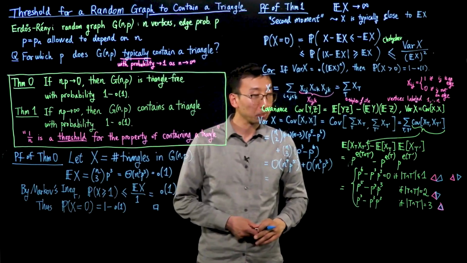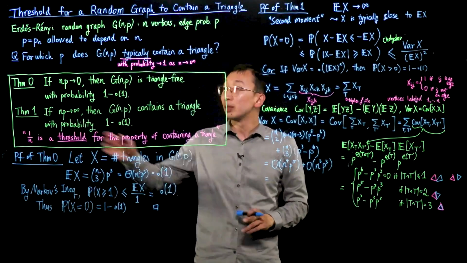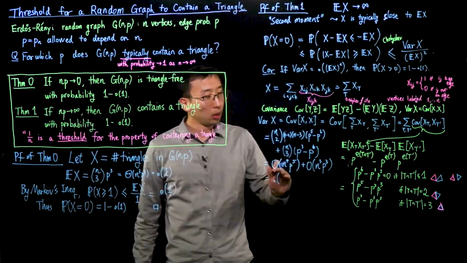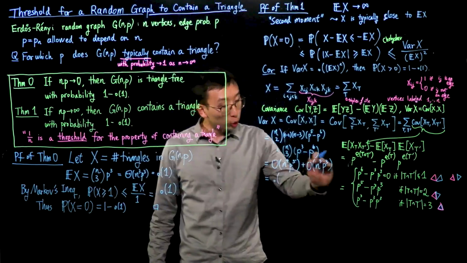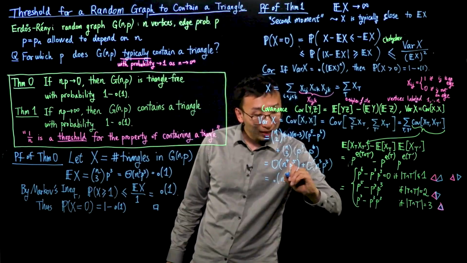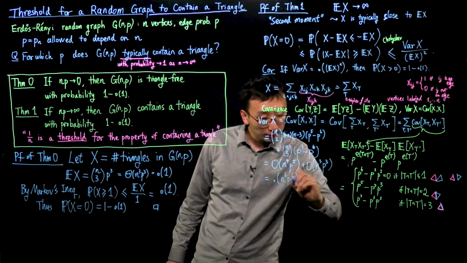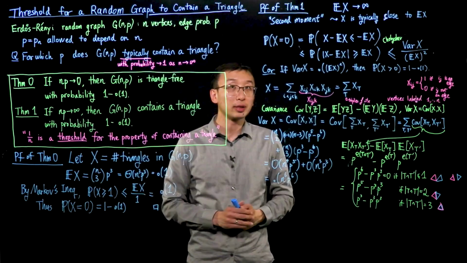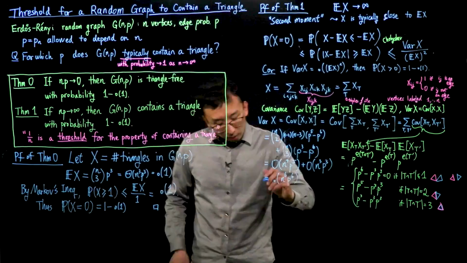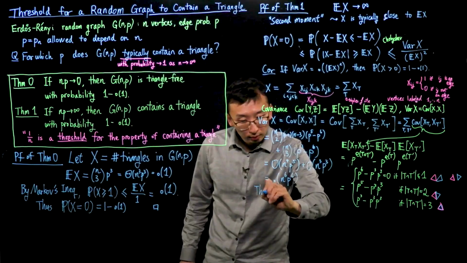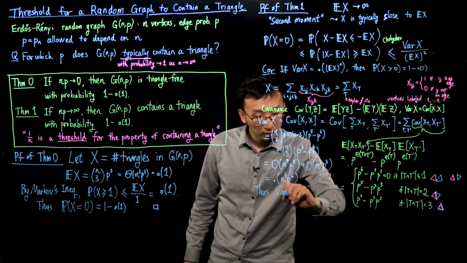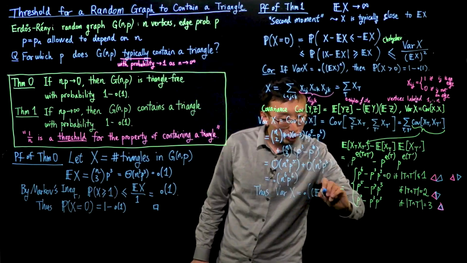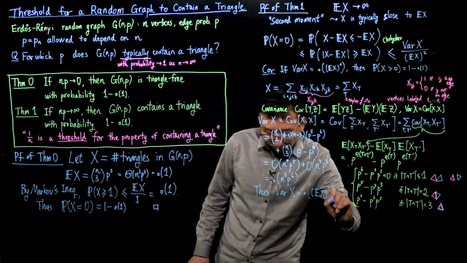Under the hypothesis that np goes to infinity, both these terms are little o of n to the 6 p to the 6. That's something that one can check from the hypothesis. Thus, the variance of x is little o of the expectation of x squared.